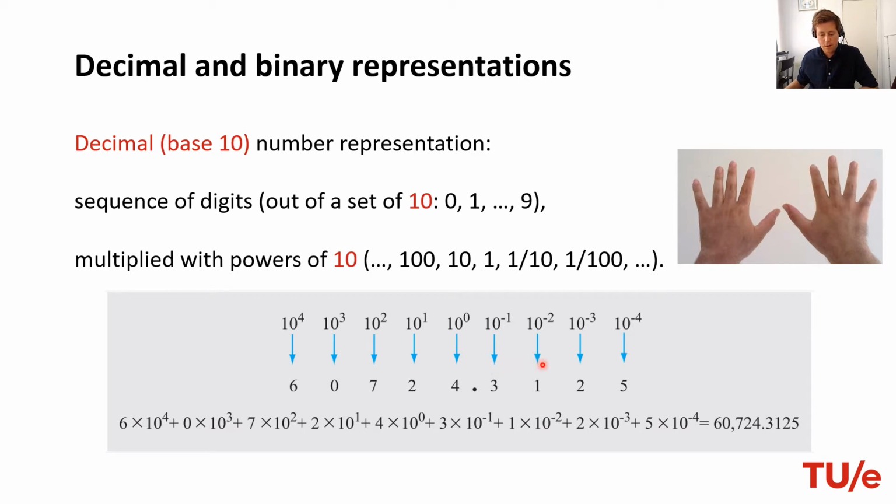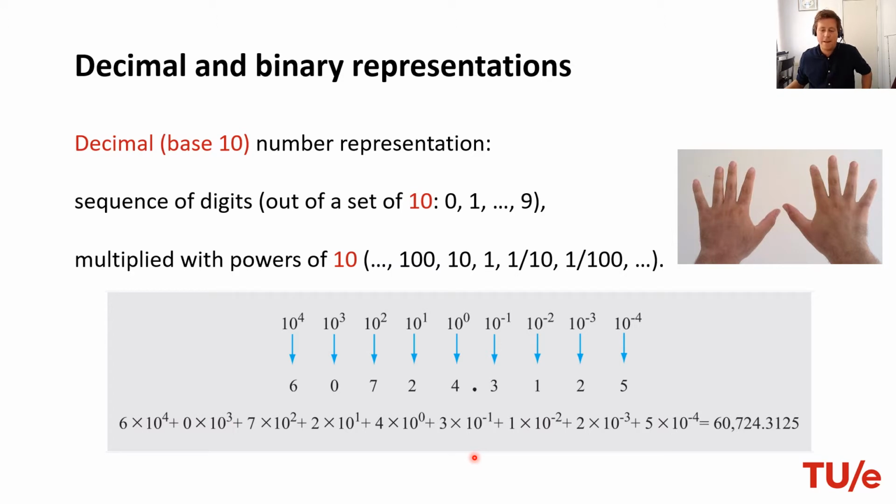Similarly, we have 100ths, 2,000ths, and 5/10,000ths. So if we add all these things together, we come to the number 60,724.3125.